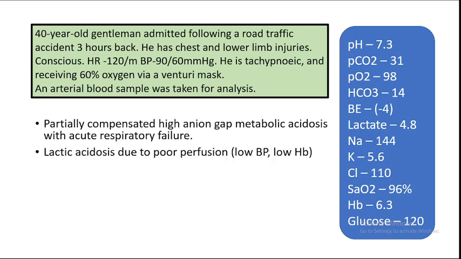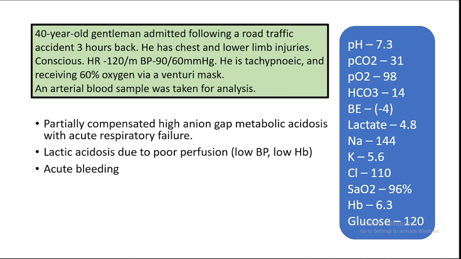There is lactic acidosis. Why is there lactic acidosis? That may be because of the poor perfusion. Hb is critically low and perfusion is affected, blood pressure is low. So there is cellular hypoxia which is producing acids, and that is why the patient's pH has deranged.